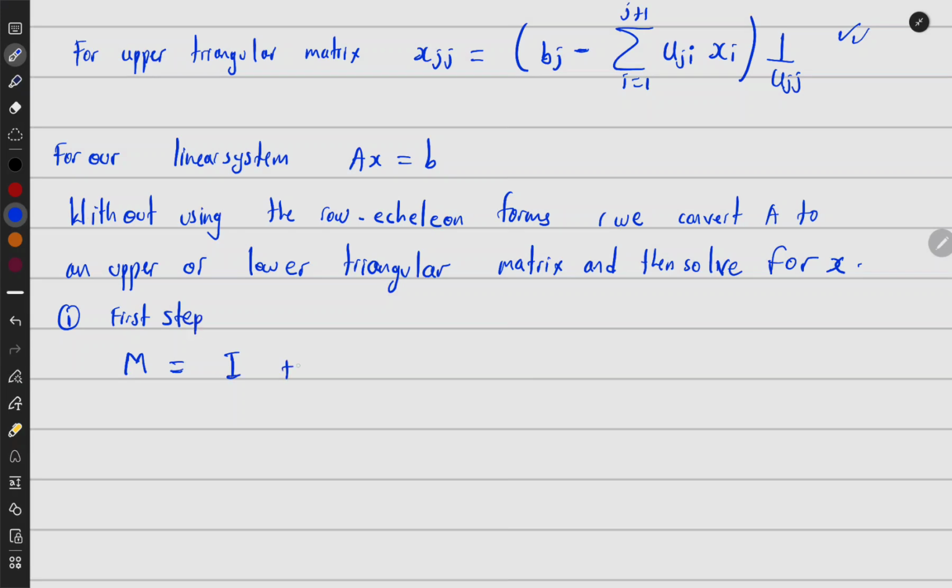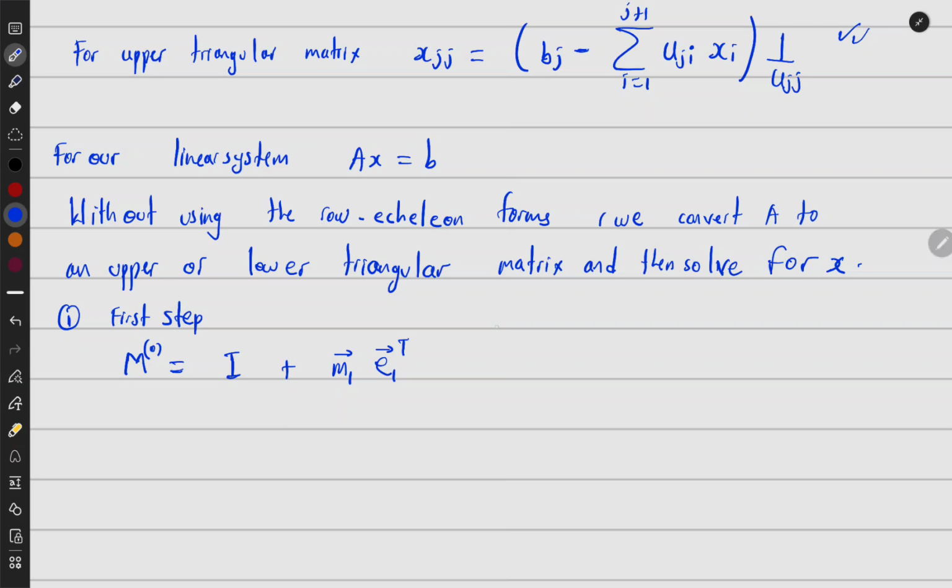You get an I plus m naught e1 transpose, where m naught equals m1, something like that. So this is instead of doing the row echelon form, the first step, the second step, we use this.